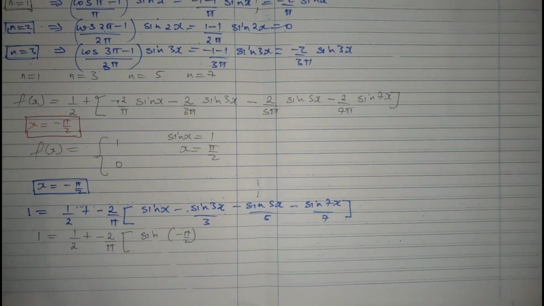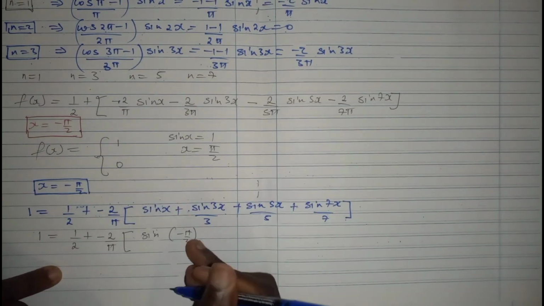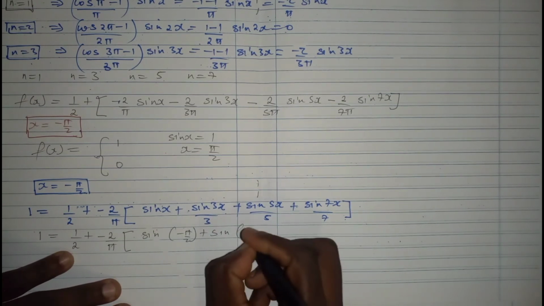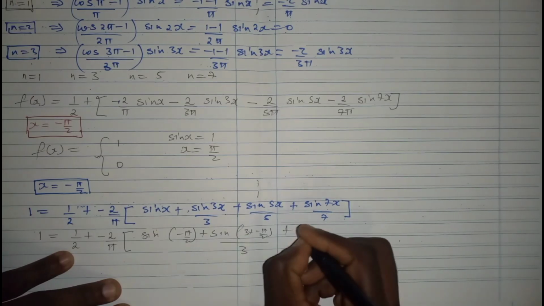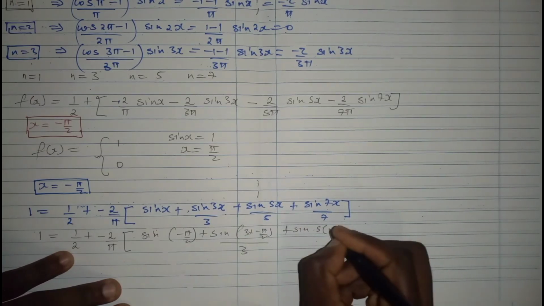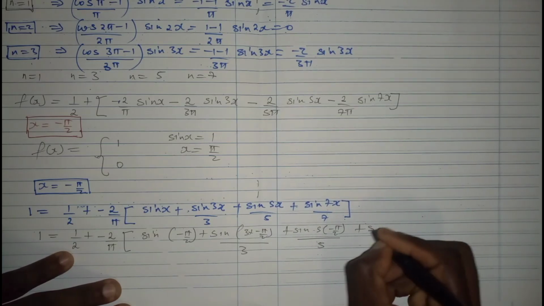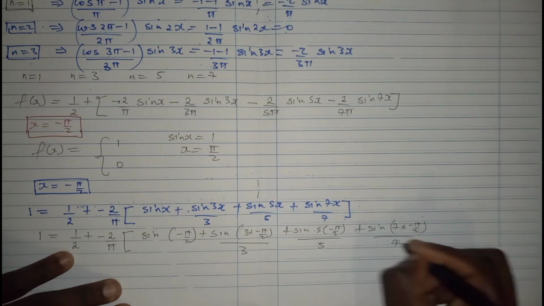Okay, so if I plug in negative, you can see this one should be positive, since I have all negative terms here. And I'm going to have plus sine 3 times negative pi upon 2 over 3, plus sine 5 times negative pi upon 2 over 5, plus sine 7 times negative pi upon 2 over 7.